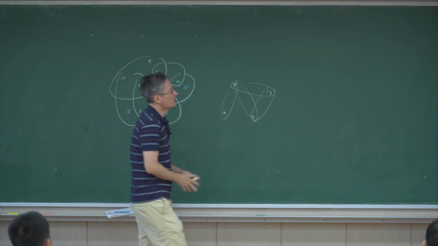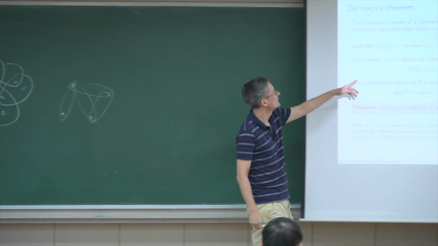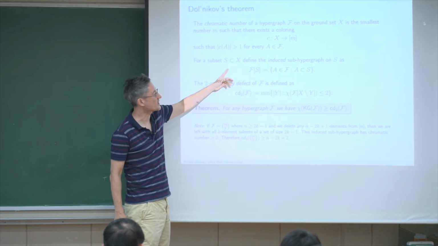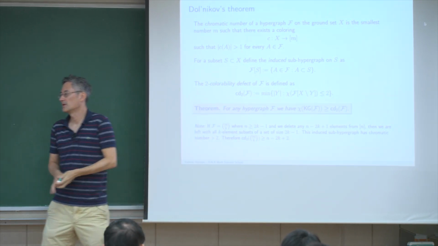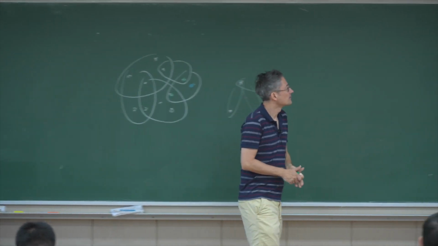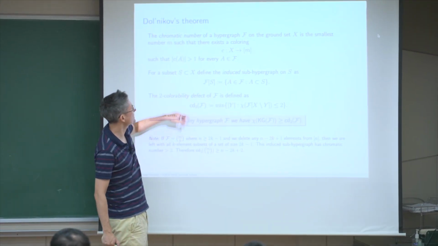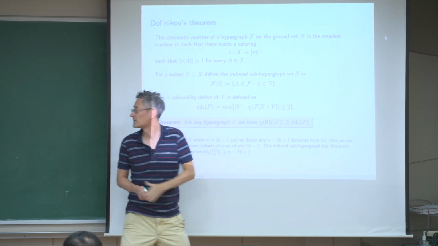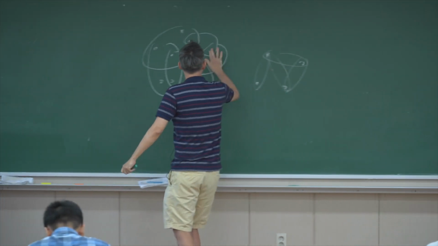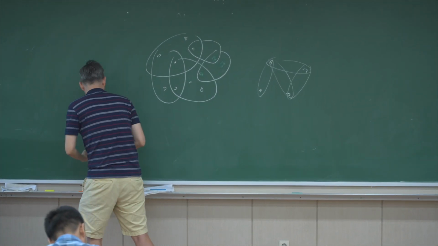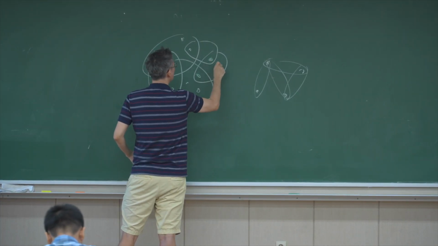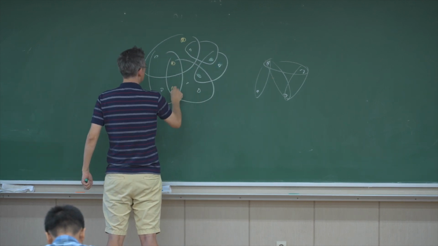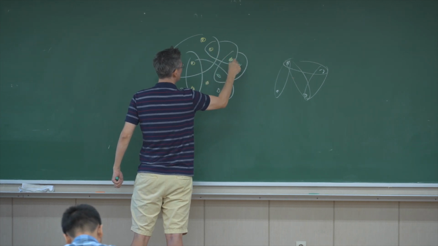And another notion that we need to define is, if you take a subset of the vertices, we can talk about the induced hypergraph. So you fix some subset of vertices, and now you look at those edges that are contained in that subset. In my example here, suppose I took this subset that I color yellow here.